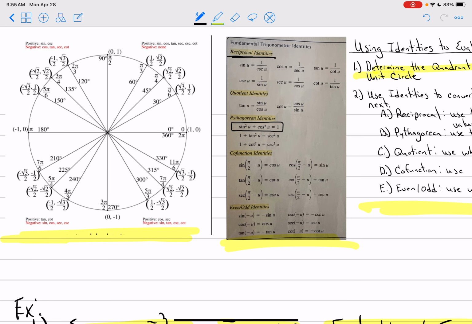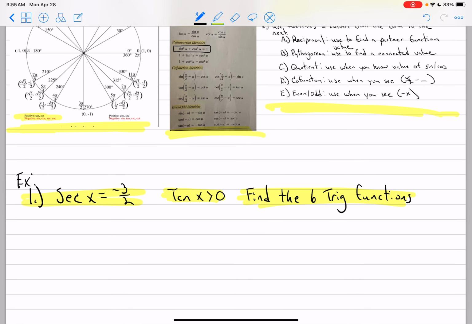So I got to look, where's the secant negative and tangent is positive? Secant is negative right here, and the tangent is positive right here. So I'm thinking quadrant 3.